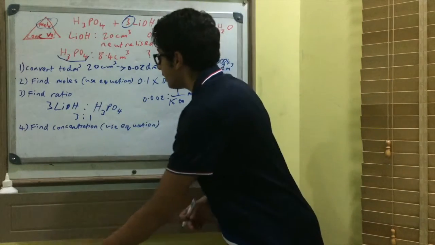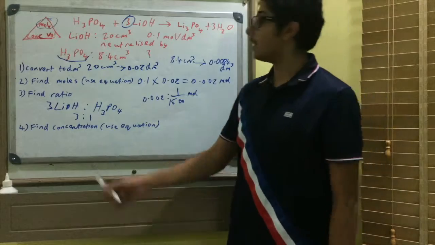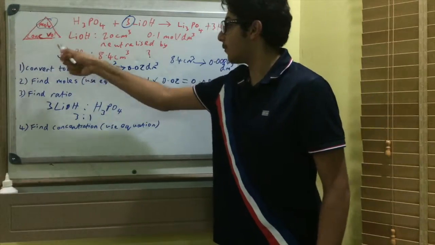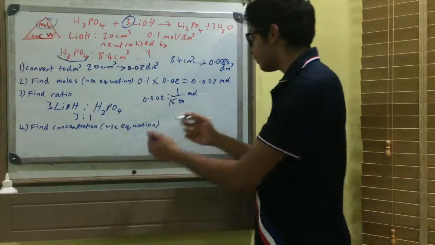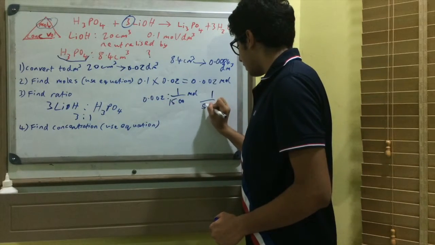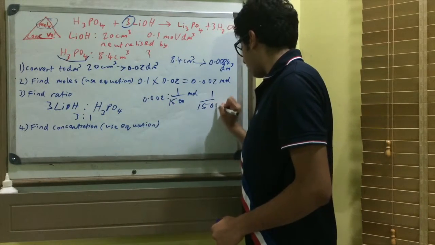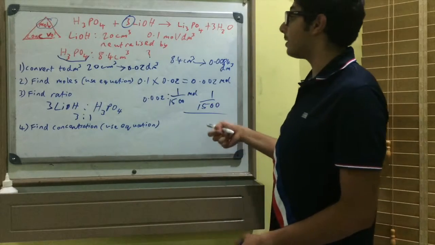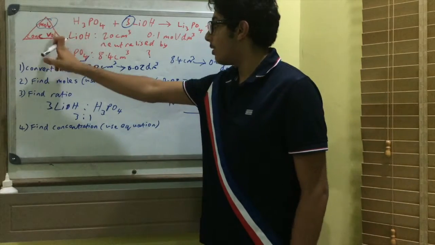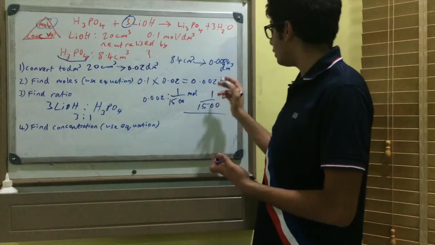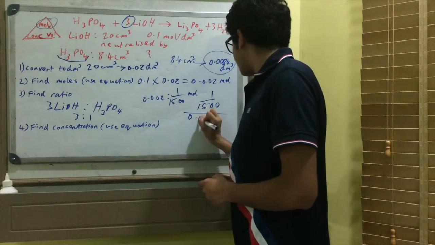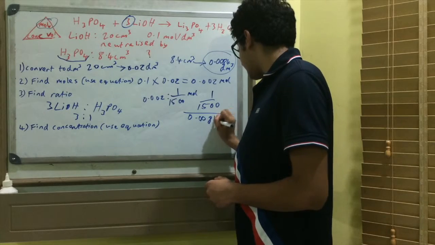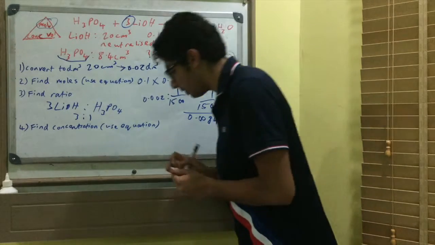And now you have enough information to calculate the concentration of phosphoric acid. Concentration is moles over volume. We just found out the number of moles. 1 over 1,500 divided by the volume in decimeters cubed, which we did convert to 0.0084 decimeters cubed.